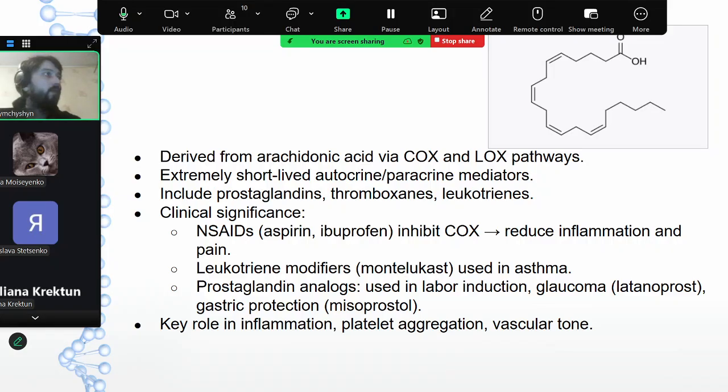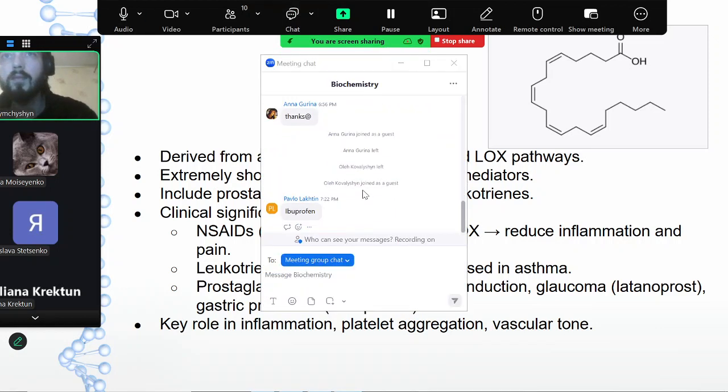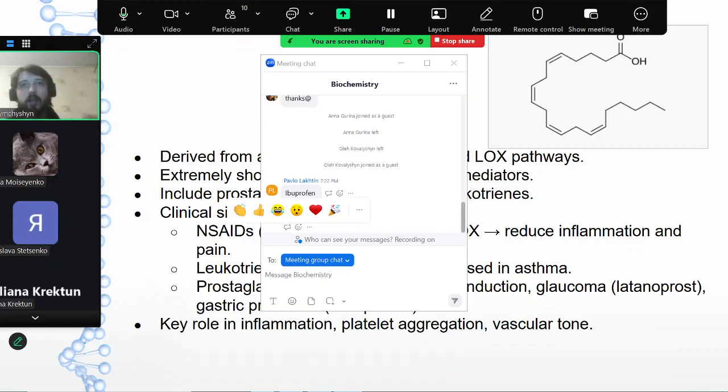Who can remind me? Ibuprofen, probably. I'm not sure what's the chemical compound. I guess acetylsalicylic acid. Yes, aspirin.